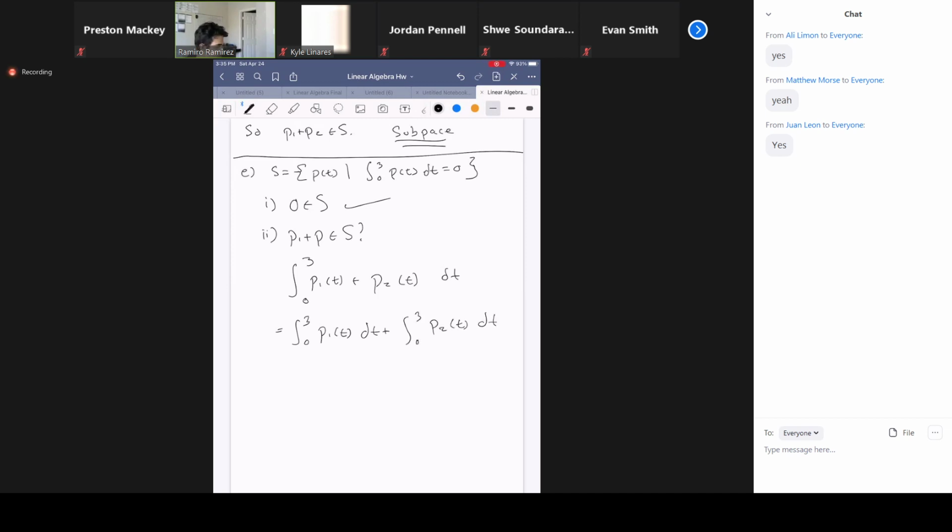And since each one comes from S, this has to be equal to 0 plus 0, which is equal to 0. So P1 plus P2 is in S. And then 3, same thing, same argument. So all of these hold, and you say this is a subspace.